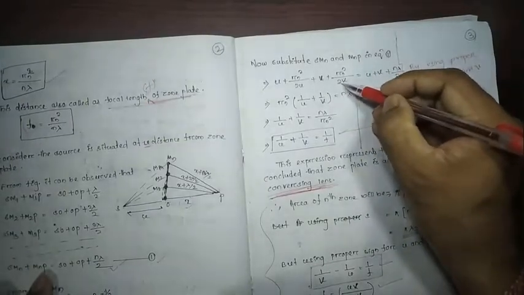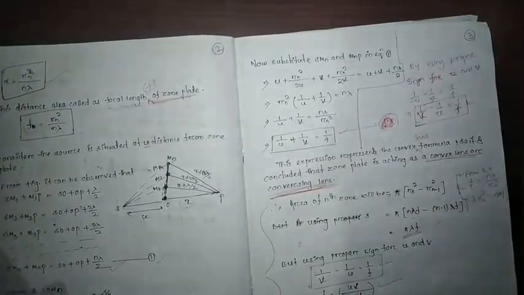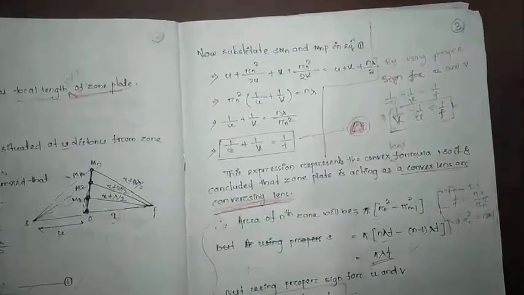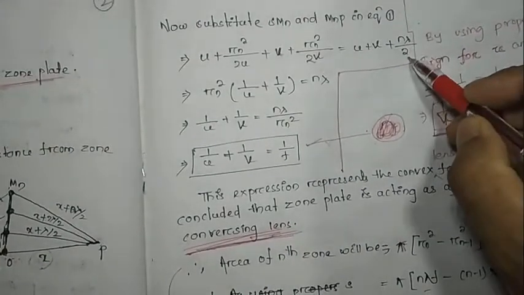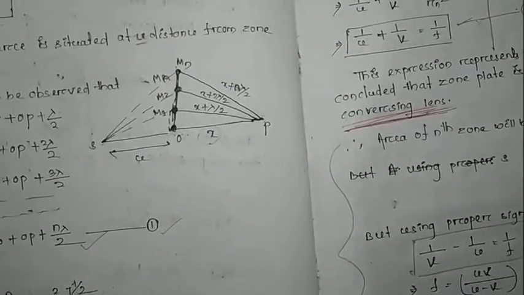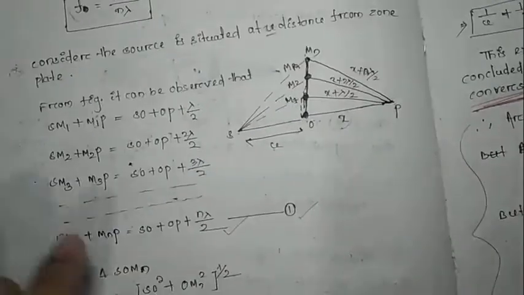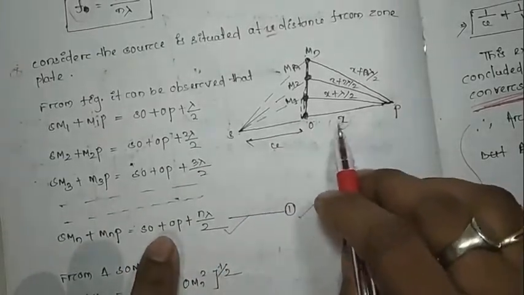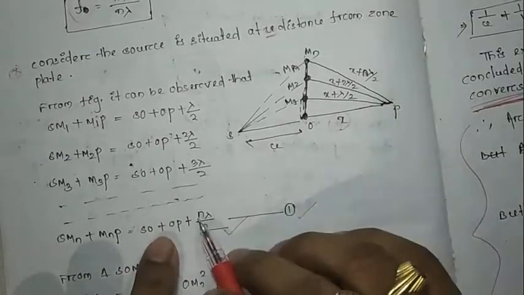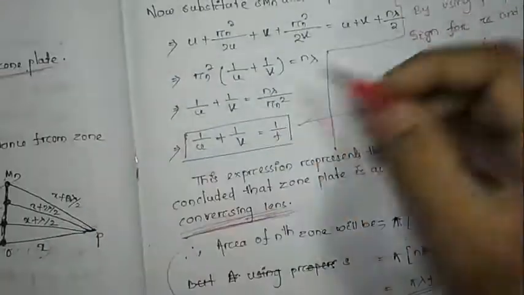This is equal to u plus v plus n lambda by 2. This is the equation: SO is u, OP is v, because x is considered as v, plus n lambda by 2. So this is the equation.